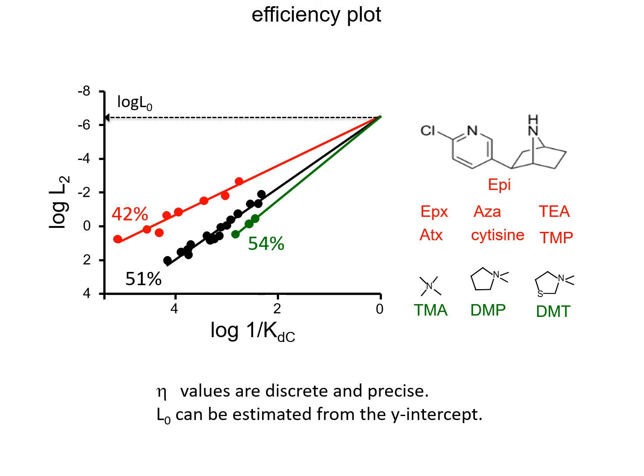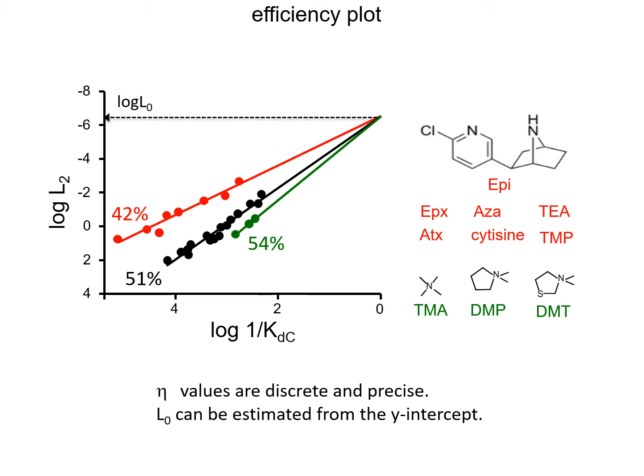We plotted 7 that were related to epibatidine, and they all fell on a line with a slope of 42%, as we saw for the individual agonist from the individual dose response curve. And 3 of them, PMA, DMP, and DMT, fell on a different line, which had a slope of 54%.